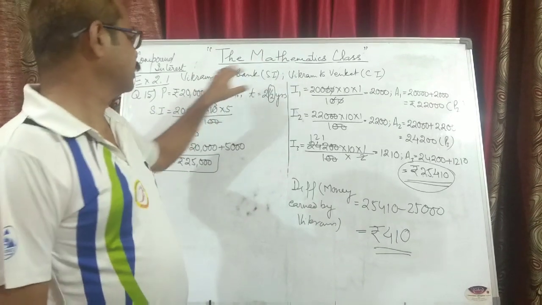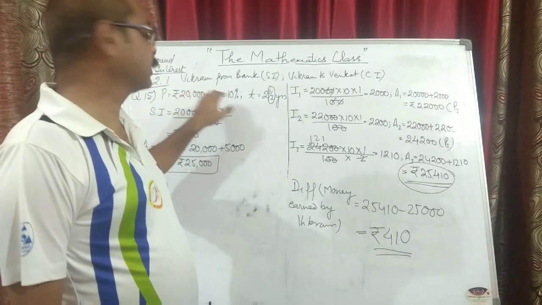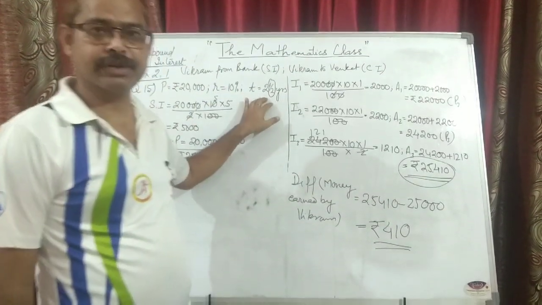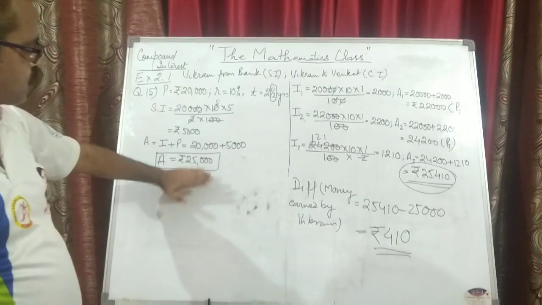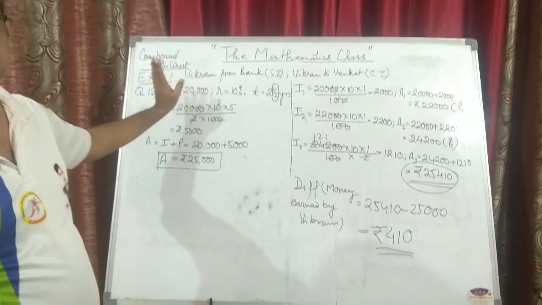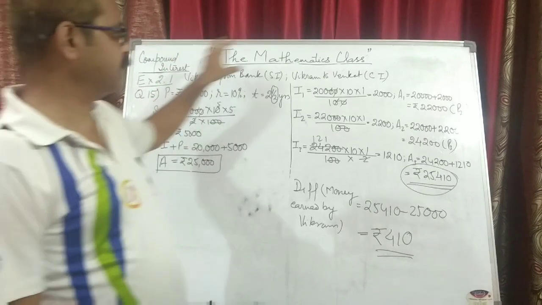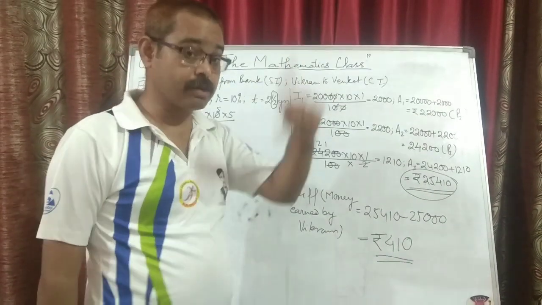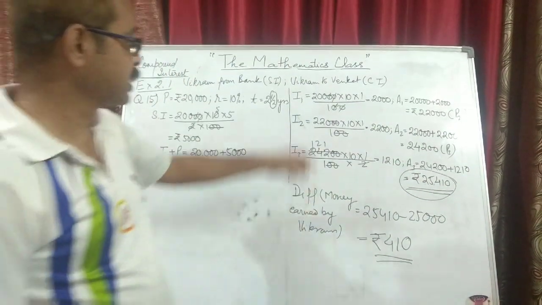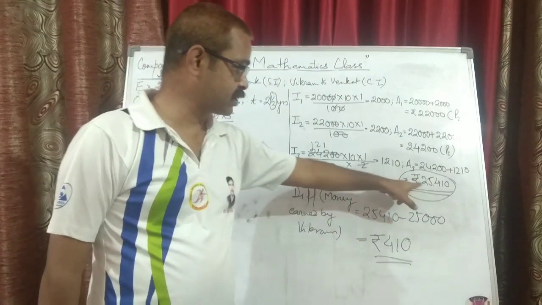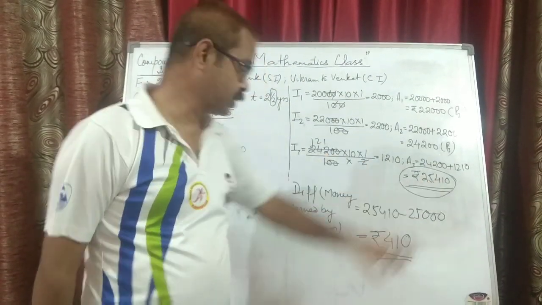He took 20,000 from the bank at the rate of 10% for 2.5 years. We calculated that he has to pay 25,000 in order to clear his loan. The whole money he gave to Venkat, but on compound interest, and we calculated that he is earning 25,410 rupees.